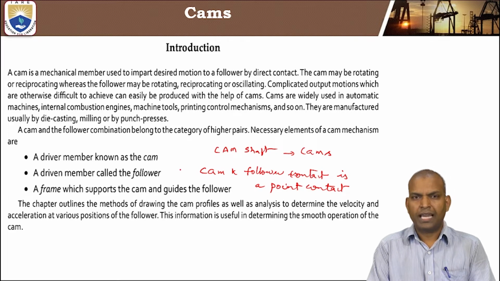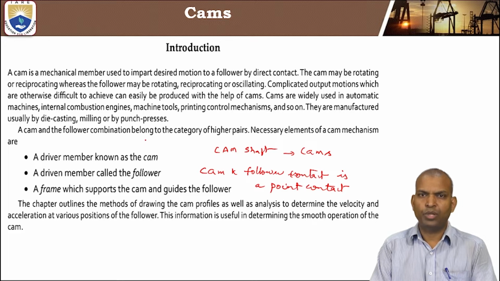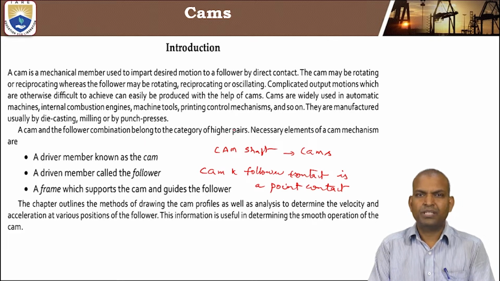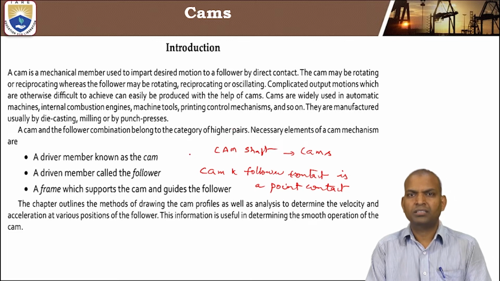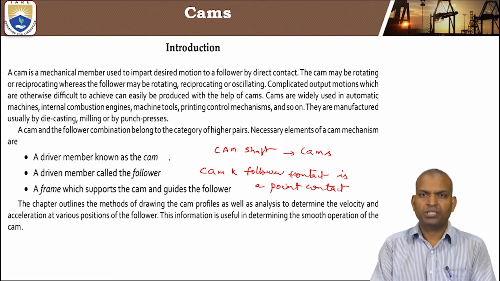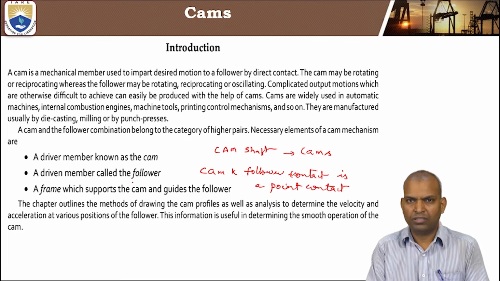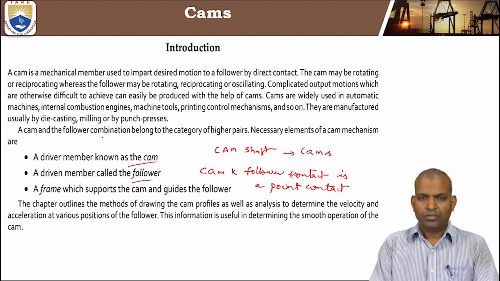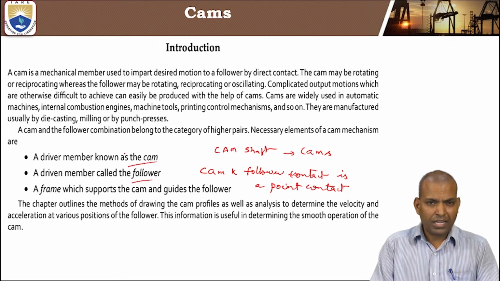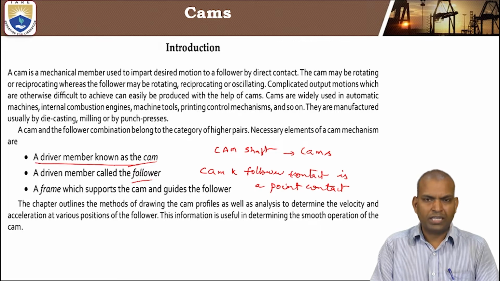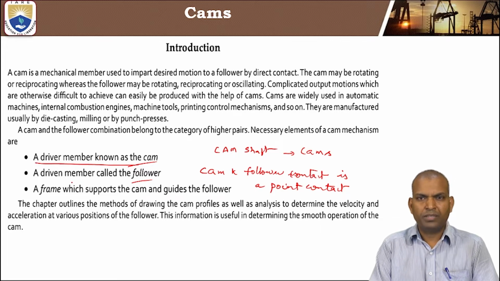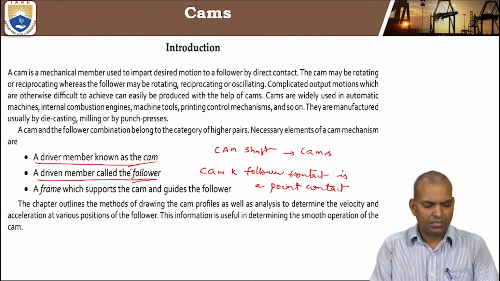That's why the cam and follower combination belongs to the category of higher pairs. The necessary elements of a cam mechanism are a cam and a follower: a driver member known as the cam, and a driven member known as the follower.